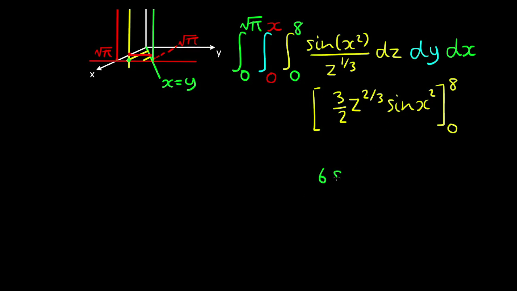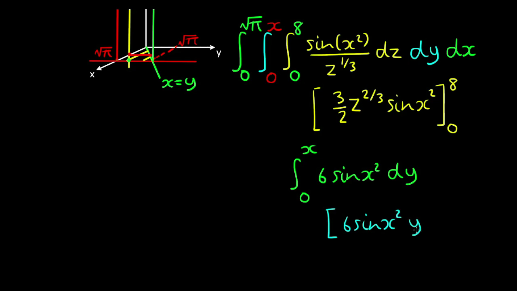So we have 6 sine x squared. And when z equals 0, the entire term is 0. So we integrate this term with respect to y from y equals 0 to x. So what we get is 6 sine x squared by y evaluated at 0 and x. So that gives 6x by sine x squared minus 0.